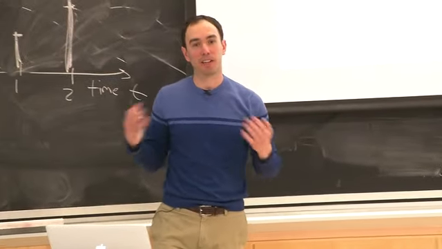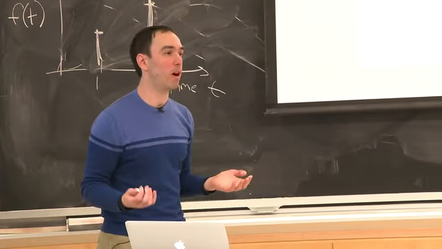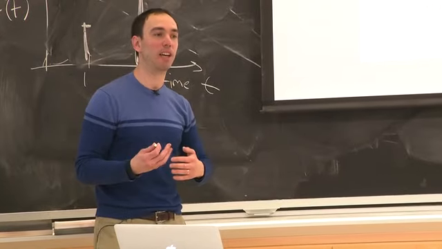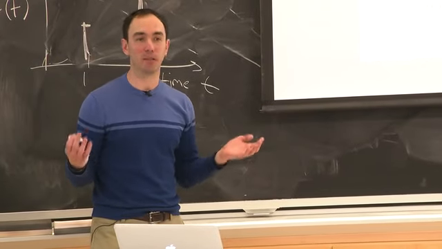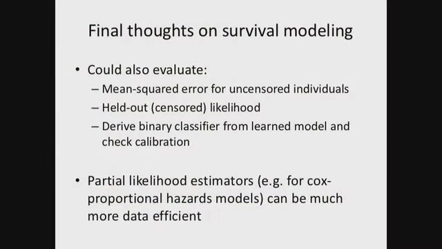When I talked about the C-statistic, that's one way to measure performance of your survival modeling. But you might remember that when we talked about binary classification, we said how area under the ROC curve in itself is very limiting. And so we should think through other performance metrics of relevance. So here are a few other things that you could do. One thing you could do is use the mean squared error, thinking about this as a regression problem.